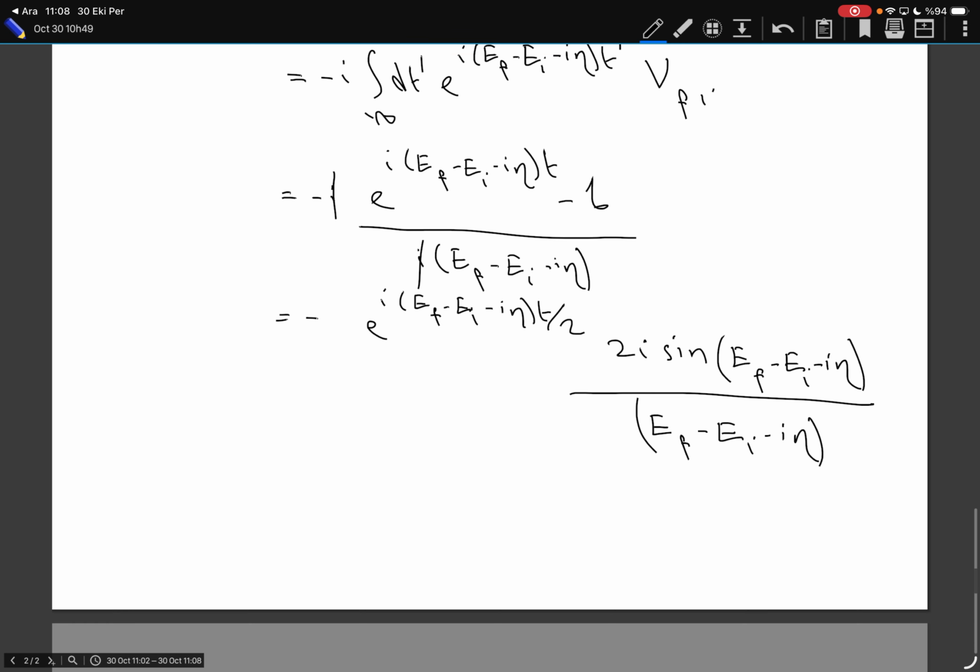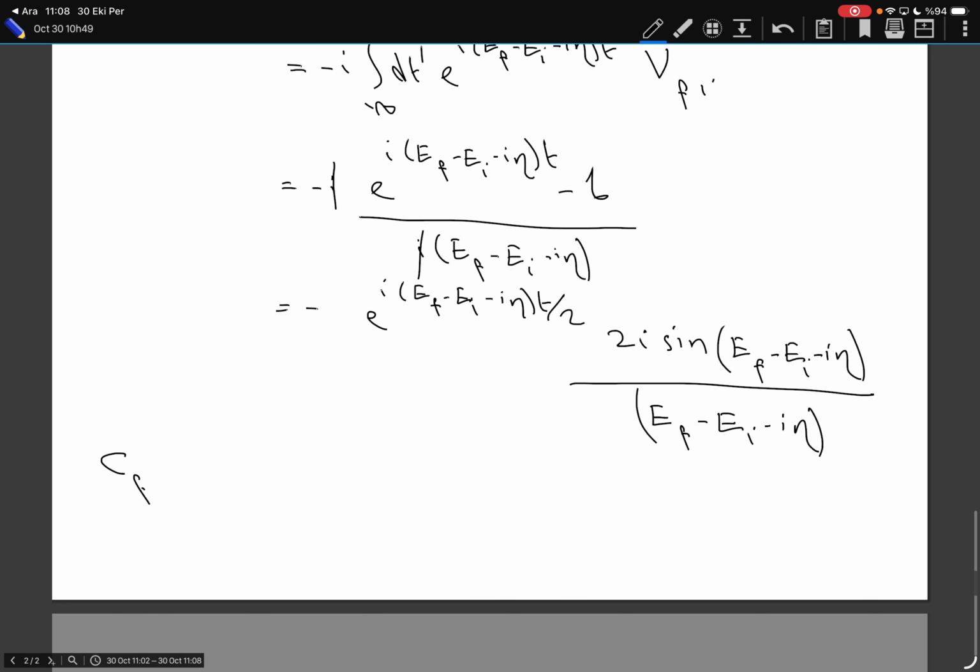Well, what is the transition probability? What is the probability that at the time t I will observe my particle in this state F?